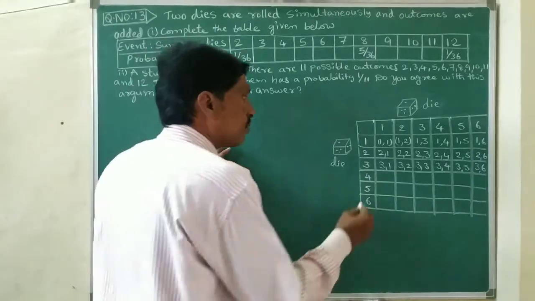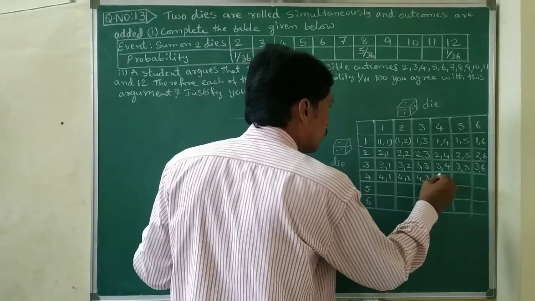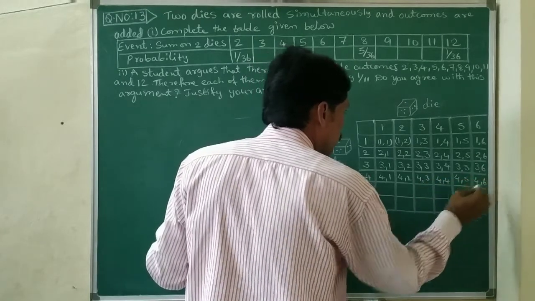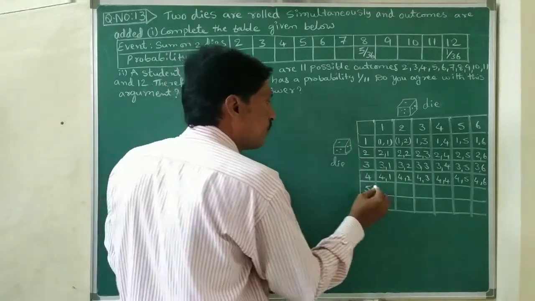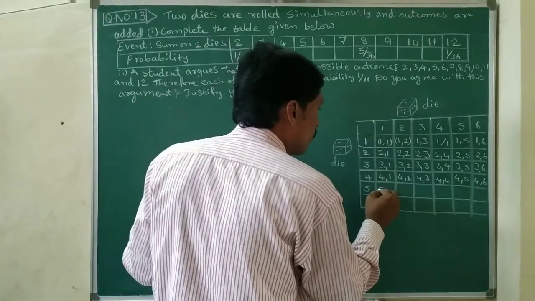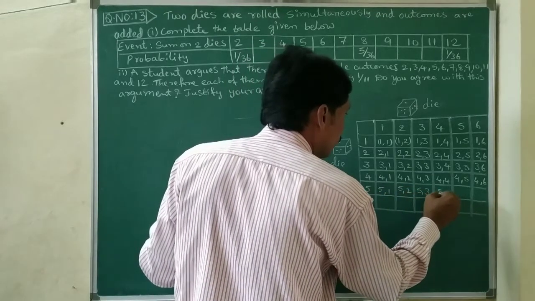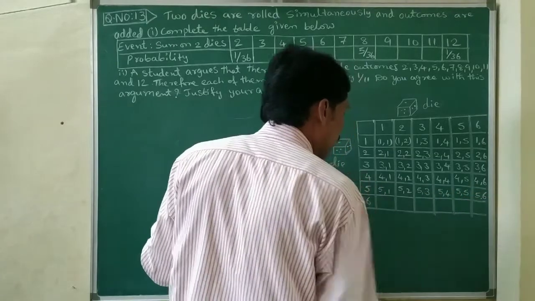Next one, so 4 comma 1, 4 comma 2, 4 comma 3, 4 comma 4, 4 comma 5, 4 comma 6. Next, here in this die, we are getting 5 on the top face. Here we are getting 1. 5 comma 1, 5 comma 2, 5 comma 3, 5 comma 4, 5 comma 5, 5 comma 6.